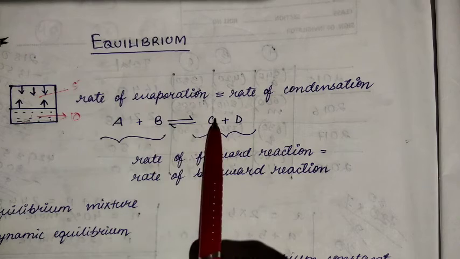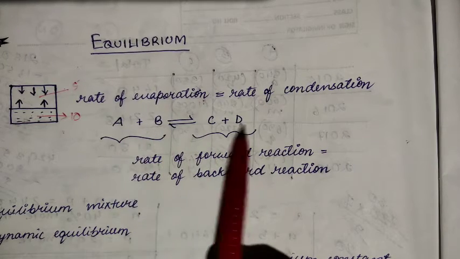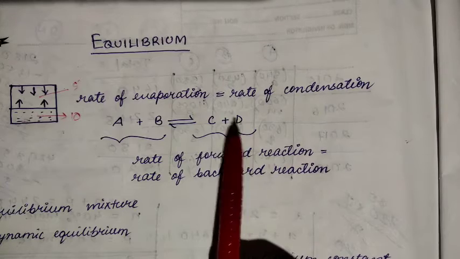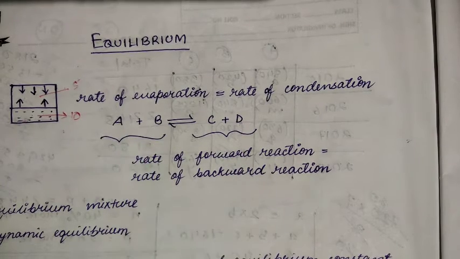One is the forward reaction from AB to CD and another one the backward reaction. C and D is reacting to give us A plus B.